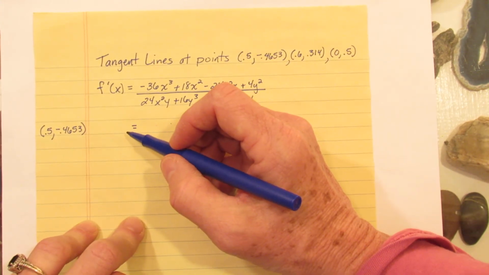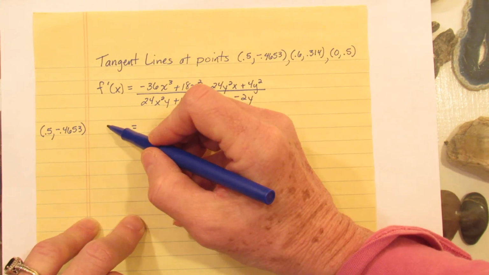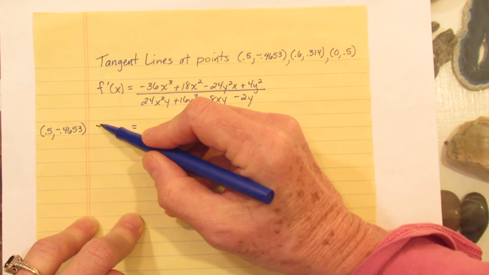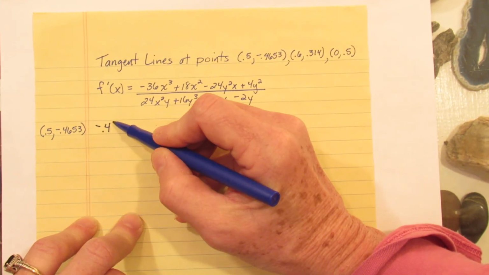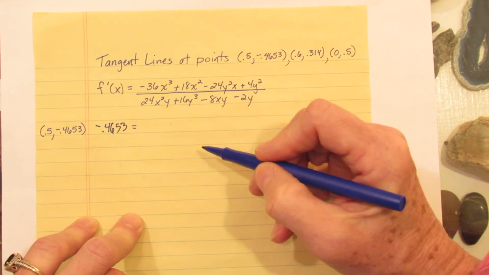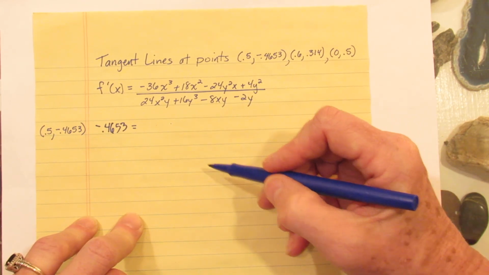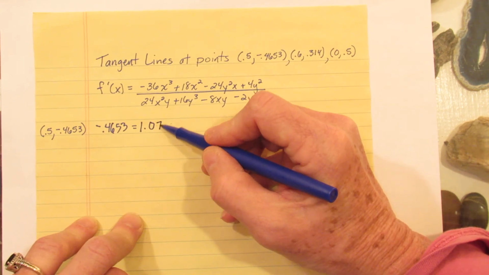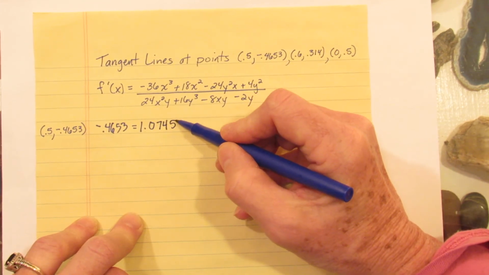I like the strategy of recognizing that you have a point. We want the line to go through this point, so y on the line has to be negative 0.4653 when x is 0.5, and the slope is 1.07457.